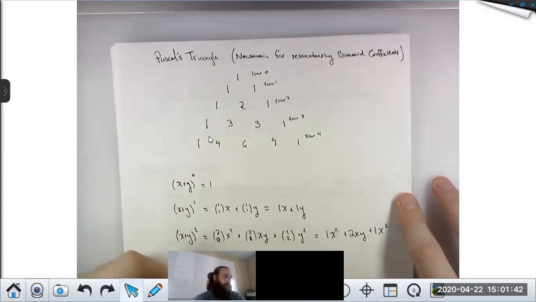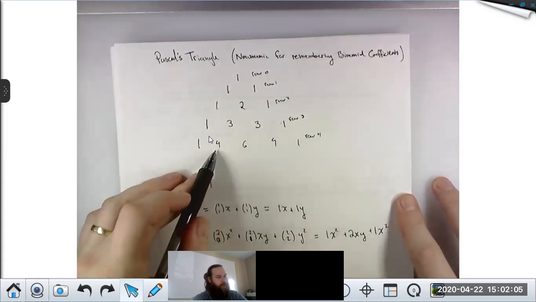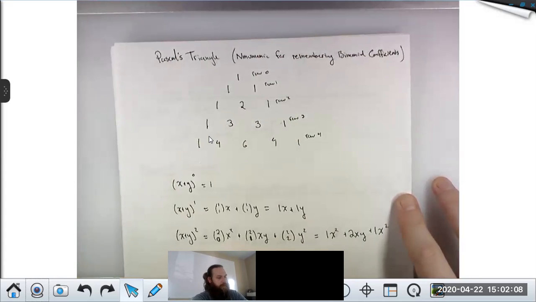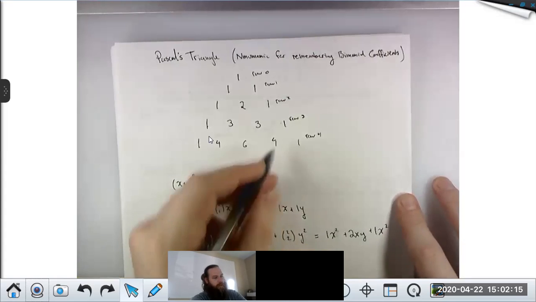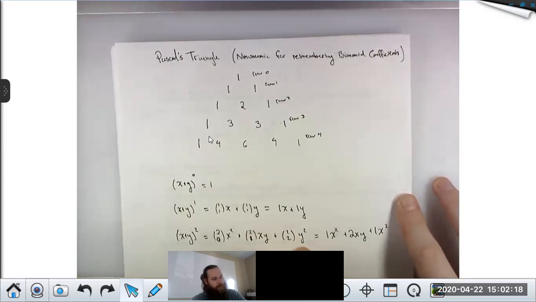And x plus y to the 4 is going to follow these same patterns where the powers of x go down, the powers of y come up, and I have these coefficients. So I'll start out with 1x to the 4, then 4x cubed y, because this is a 4, then plus 6x squared y squared, because this is a 6, and then 4xy cubed.